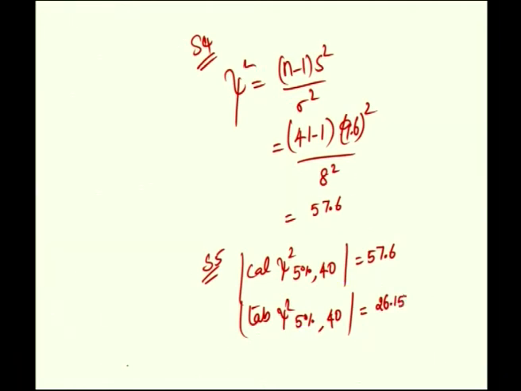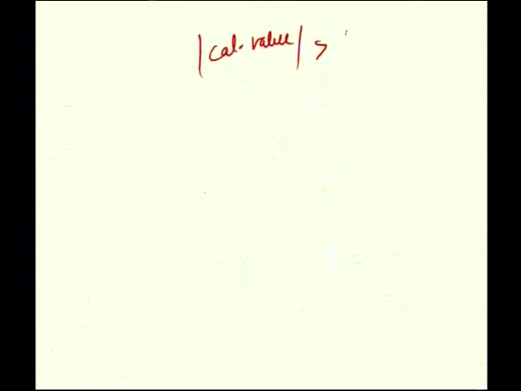Already the table values are given for a one-tailed test. Now the calculated value 57.6 is much greater than 26.15. Therefore, the calculated value is greater than the tabulated value, which means H naught is rejected.